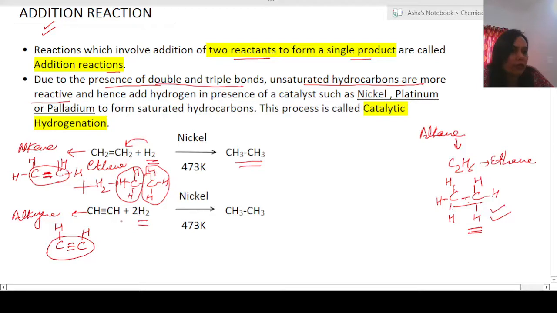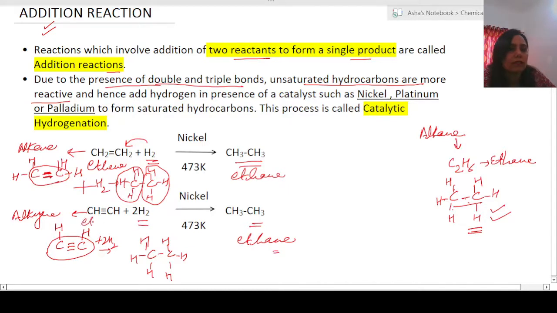Same goes here. Here we are adding 4H, 2 into 2, 4H you are adding. So this structure will change to a single bond between carbon and carbon. It will retain its single H. Out of the 4H, 2H will go here and 2H will go here, and they will also form ethane. So they are coming to ethane, that is an alkane or a saturated hydrocarbon.